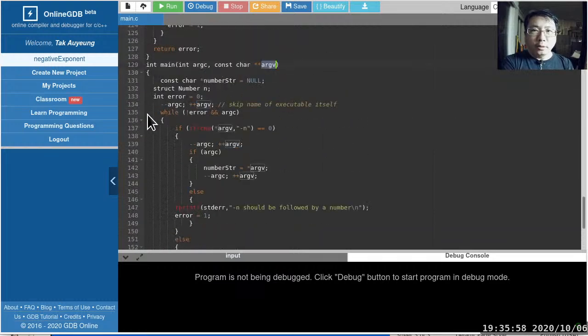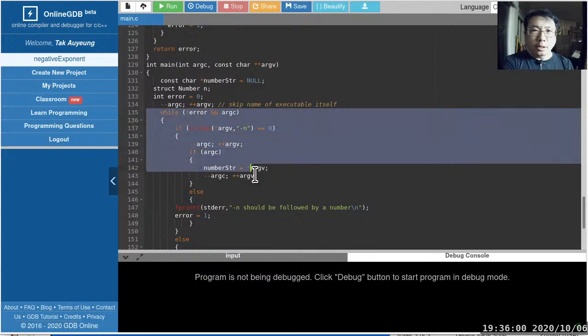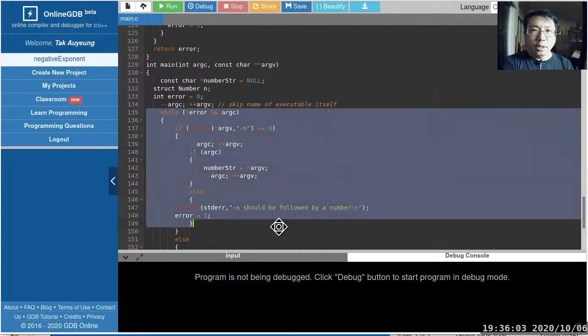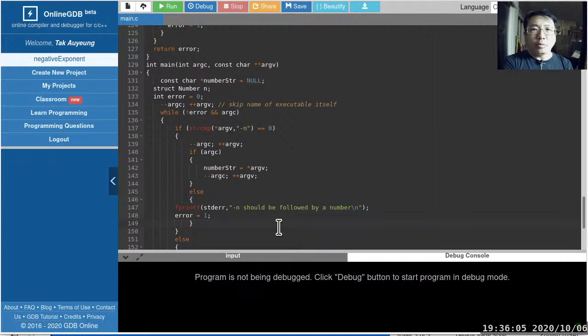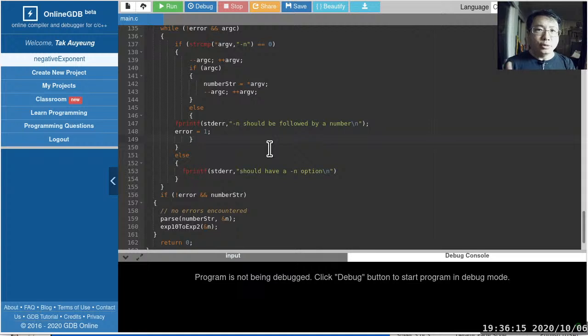The first part, which is the awkward looking code with a while loop, is the part where the program parses the arguments that are passed to the command line program, and I'll illustrate how to do that. But you don't have to modify this at all. I'm just illustrating the structure of the program.